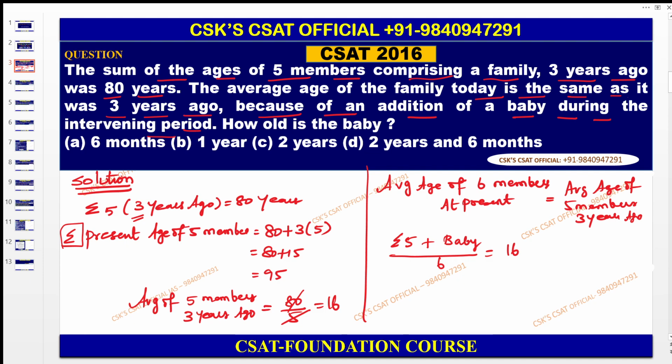The summation of 5 members is nothing but 80, then for the present 5 members, they are focusing on the present, so we have to take 95. 95 plus baby is equal to 16 into 6. So baby age is equal to 16 into 6, which is 96, minus 95. Therefore 1 year. So the baby age is 1 year.